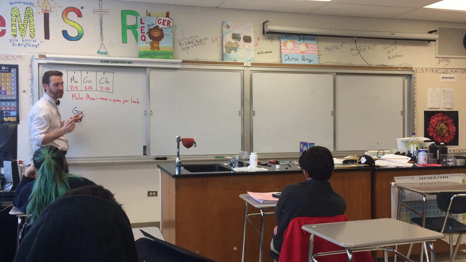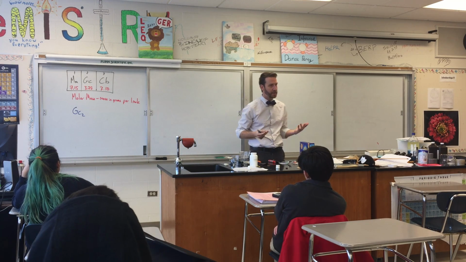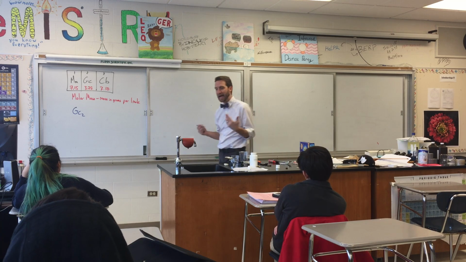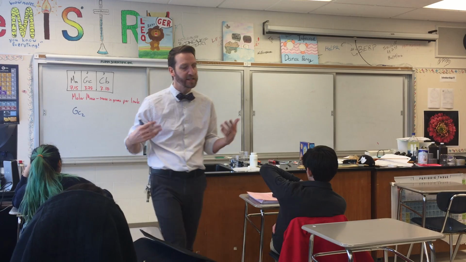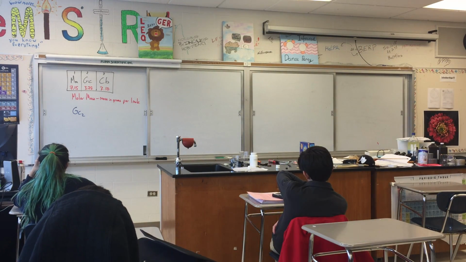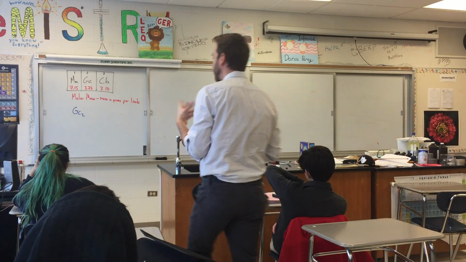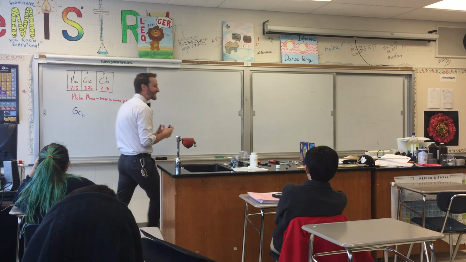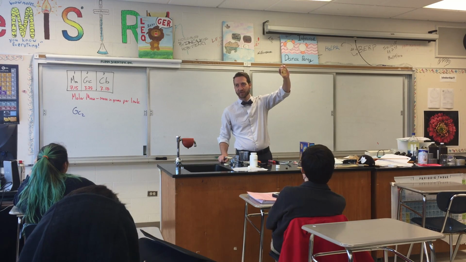The analogy I made was, when I burn something, what am I combining it with? Oxygen. Do we find oxygen as just O? It's O2, right? So some elements naturally exist as molecules. Graham crackers naturally exist as little molecules that we're going to call GC2s.